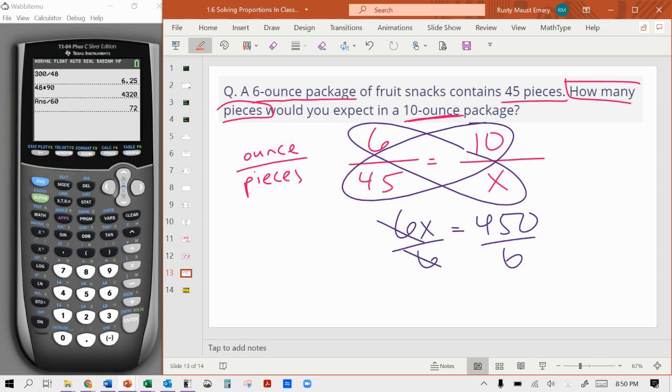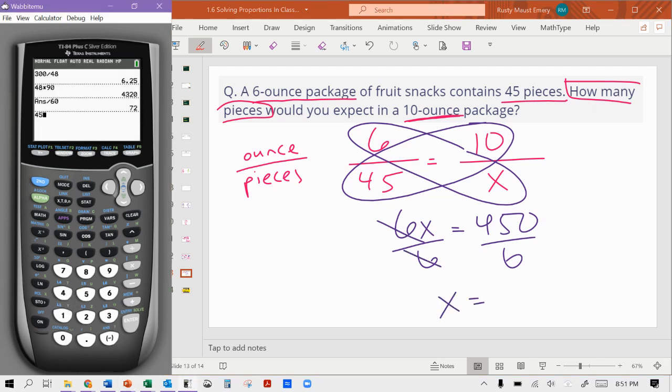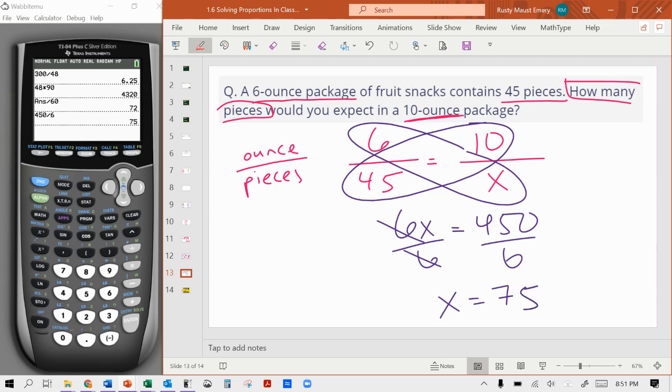Divide by 6. We end up with 450 divided by 6. And that is 75. X represents pieces, so 75 pieces.